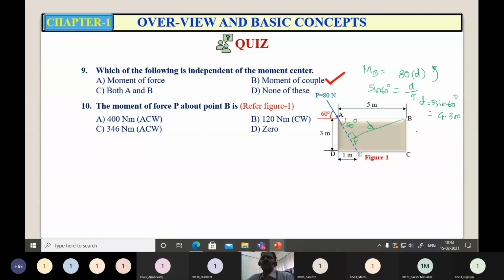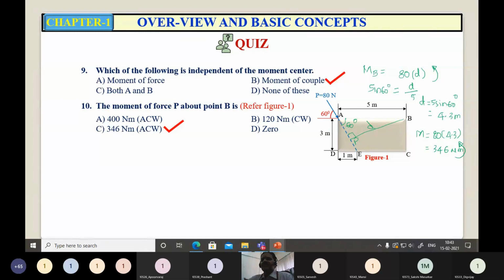So the moment about point B is anti-clockwise, plus 80 into 4.3. It comes to approximately 346 Newton meter anti-clockwise. Understood? So it is 346 Newton meter anti-clockwise.